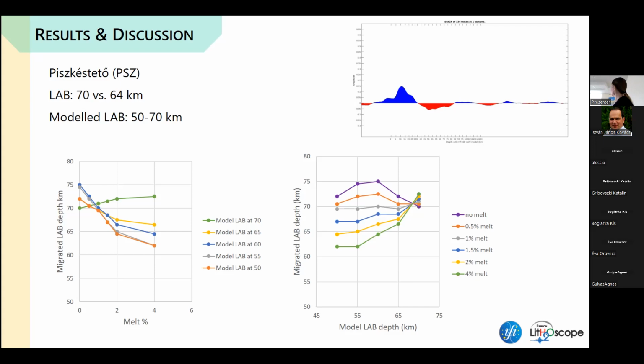And also on the right side, you can see that these different melt curves seem to show a bit of a decoupling towards lower modeled LAB depth, and towards higher modeled LAB depths, they are going towards 1 point, or in this case, there's an inflection point.